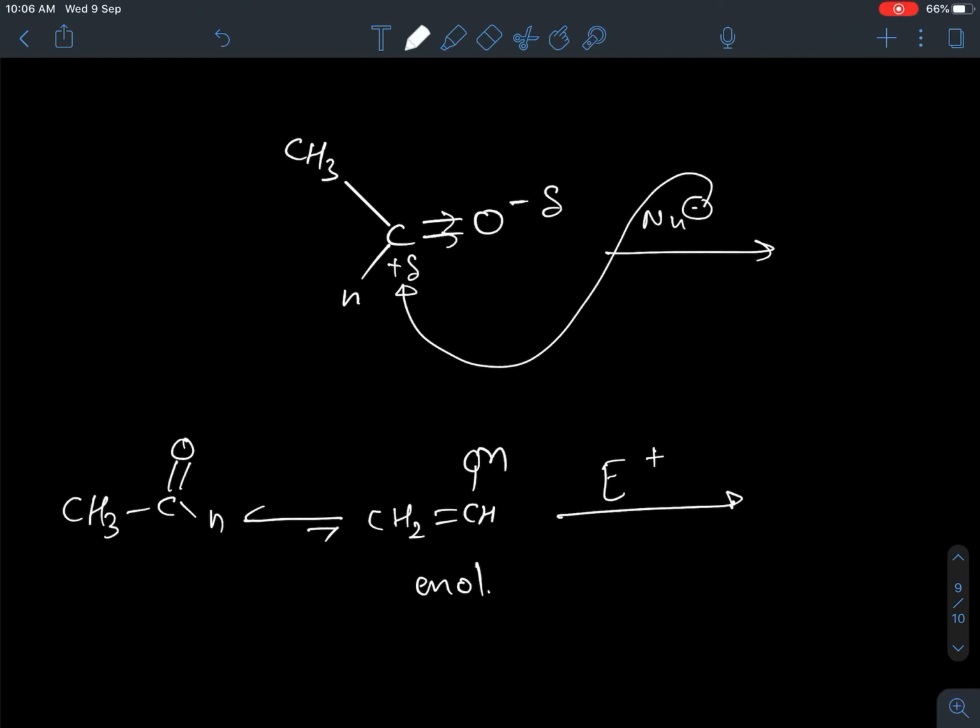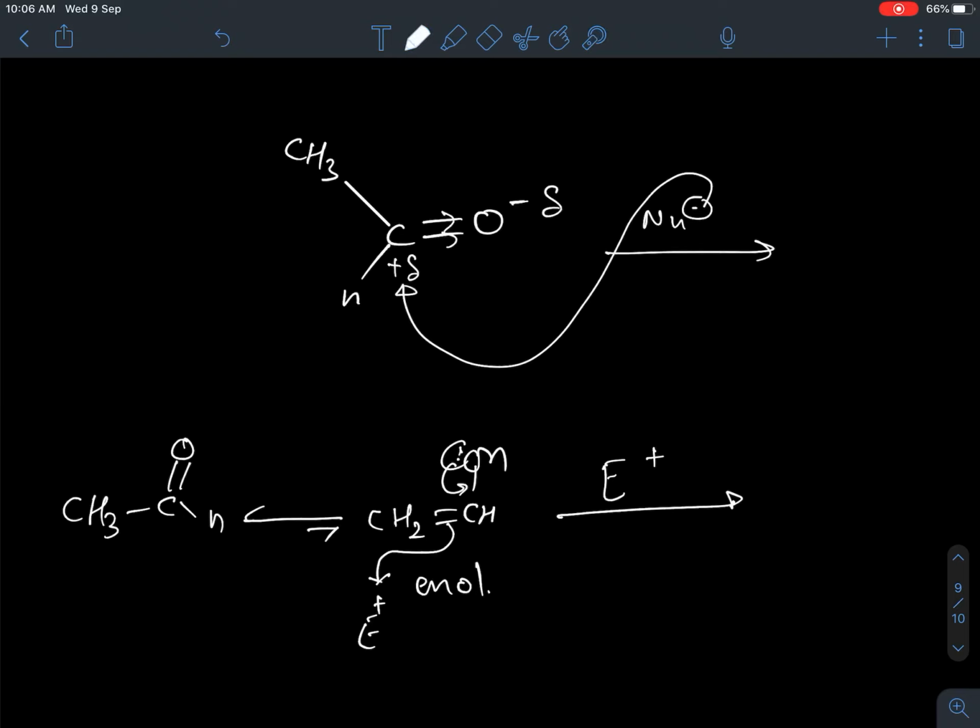How will it attack? So this lone pair, when it comes back, this bond will be acquired, and if electrophile is here, this bond is going to attack on electrophile. So means the electrophilic center is this carbon.